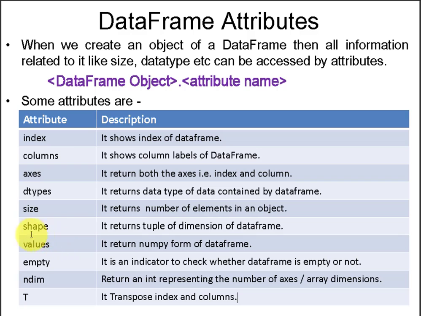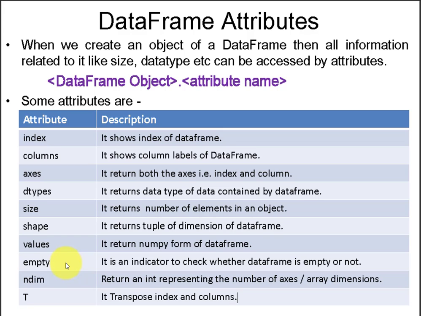Next is the values attribute. The values attribute returns a numpy representation of the data frame, so the numeric values it returns. You can check the values with the help of the values attribute. Next is empty. It is an indicator to check whether the data frame is empty or not. It returns true or false, meaning your data frame is empty or not.